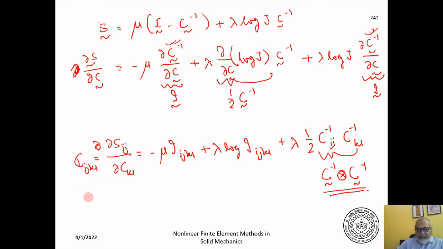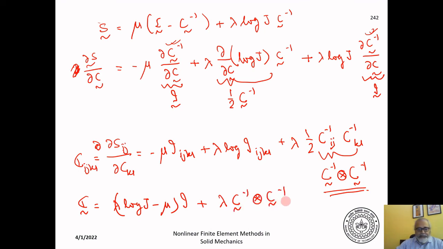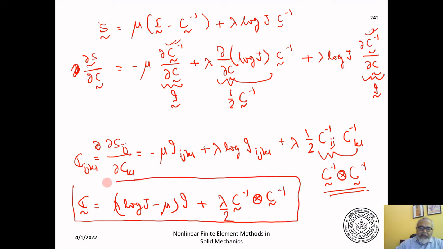So in the end, C will be lambda log J minus mu times I plus lambda by 2 C inverse dyadic C inverse. So this is the tangent stiffness for the Neo-Hookean material.